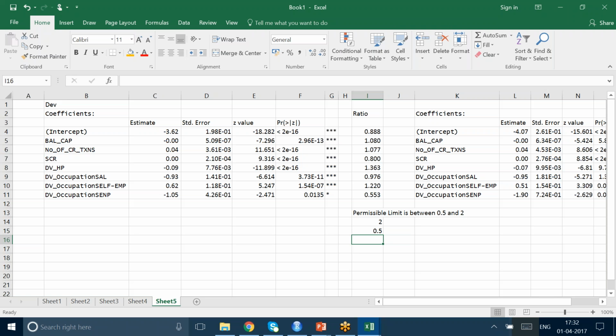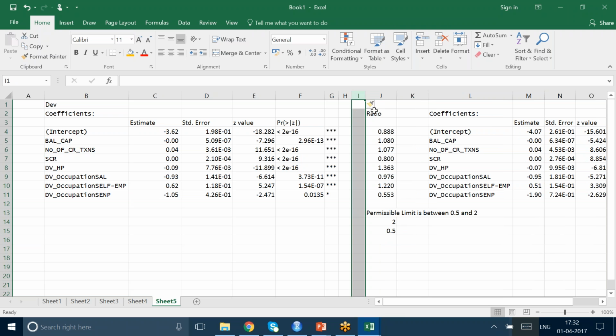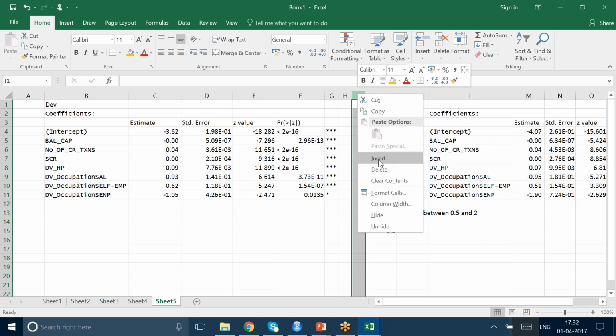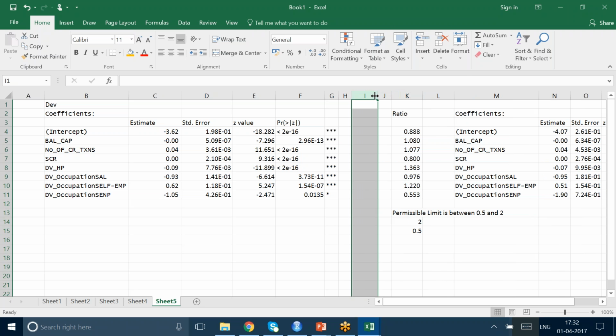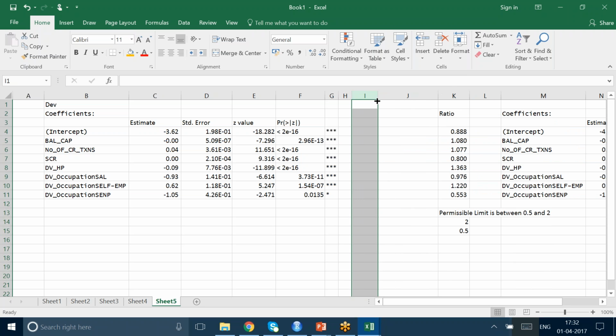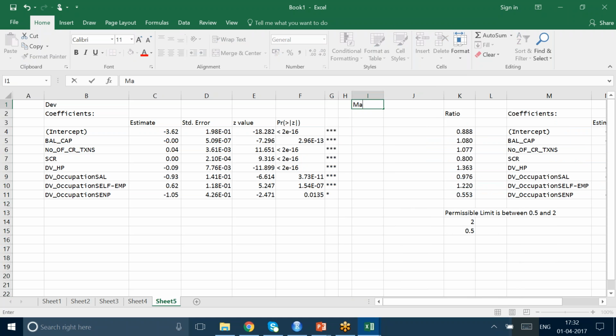If the values are in that permissible limit, there will be no sign change. If the values exceed it, you will also see sign change. We also saw that we should check for sign change. What is sign change? Insert these two, I'll do max and min.